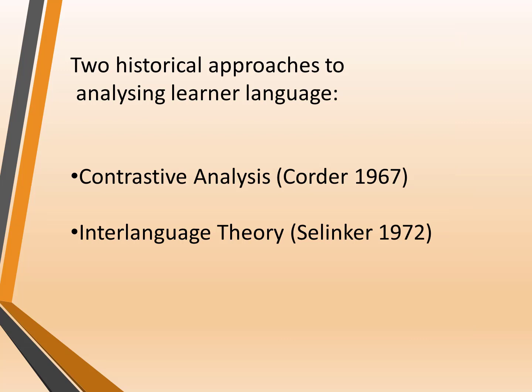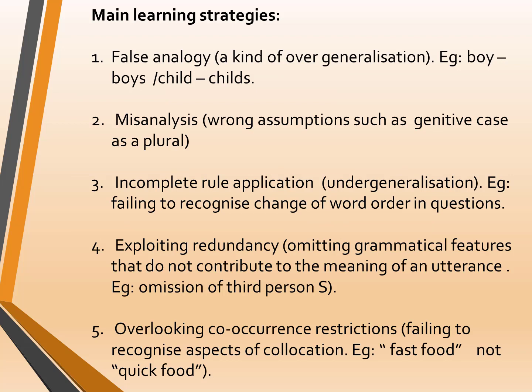In 1972, Selinker started talking about the interlanguage theory and referred to a set of distinct principles that are used by learners when they are learning the language. In his work, Selinker explained that learners use 5 main distinct learning strategies so as to acquire the language.